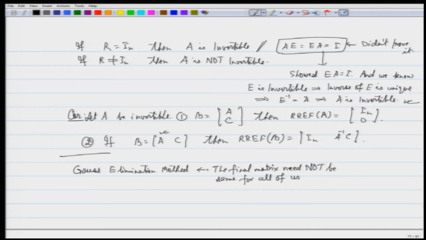So, this was a problem for us. From there we went to the Gauss-Jordan method or the RREF, which gave us uniqueness, fine. But recall that the number of pivots remain the same.